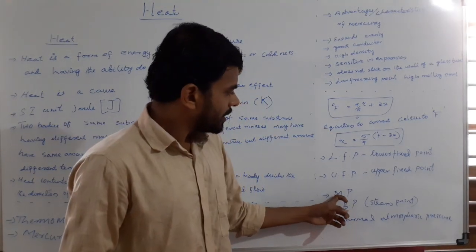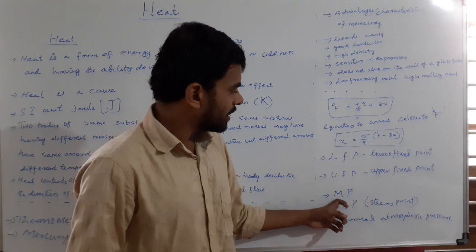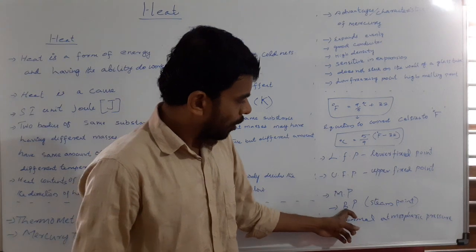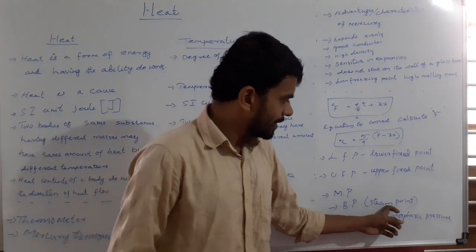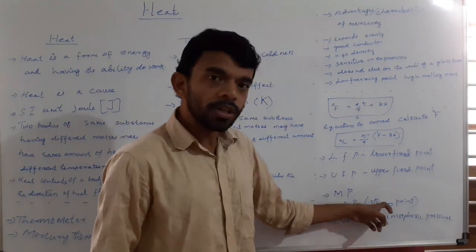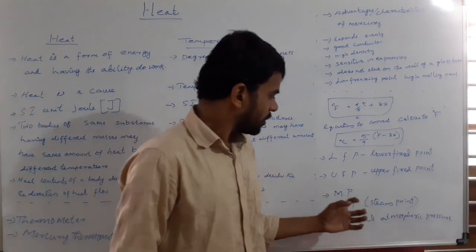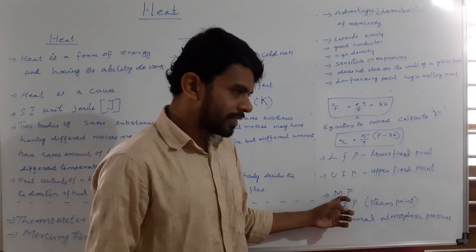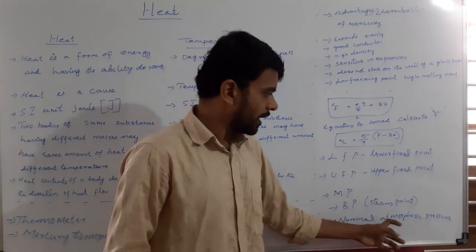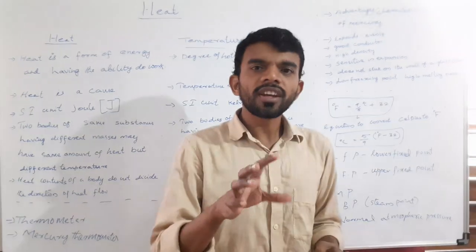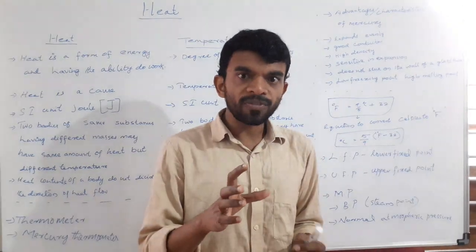Now MP is nothing but the melting point, and BP is nothing but the boiling point. It is also called the steam point. The boiling point or steam point is at normal atmospheric pressure. So the melting point is taken as 0 degree Celsius at normal atmospheric pressure. The atmospheric pressure varies with weather.